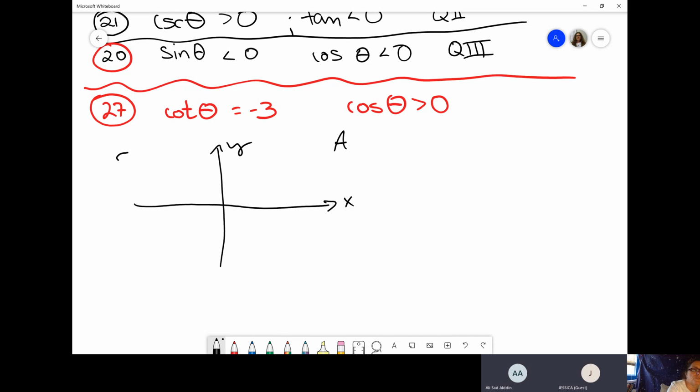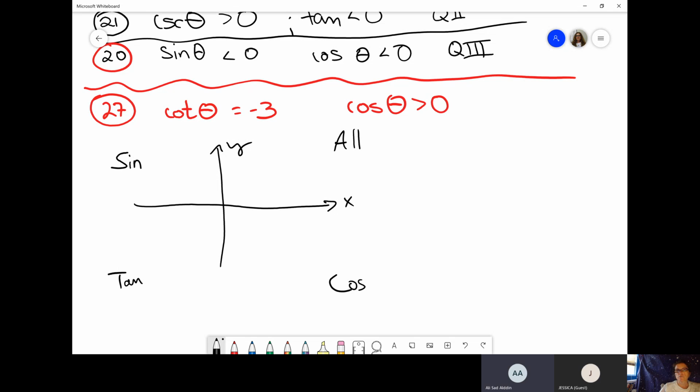All students take calculus. Which quadrant am I in? These letters are the abbreviations for the trig functions: sine, tangent, cosine.